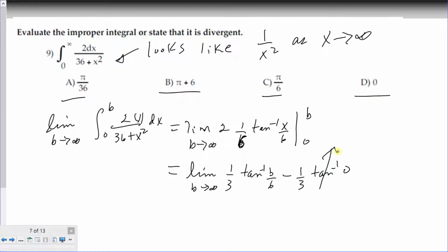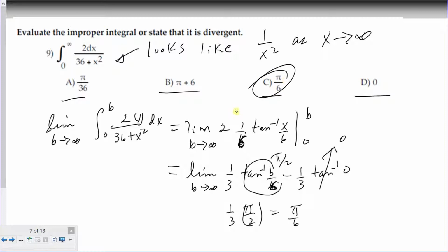Of course, that's 0. Inverse tangent of b over 6 as b goes to infinity is going to be pi over 2. So we get 1/3 times pi over 2 equals pi over 6, and that is answer C.